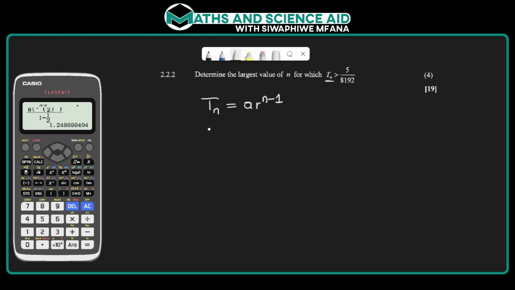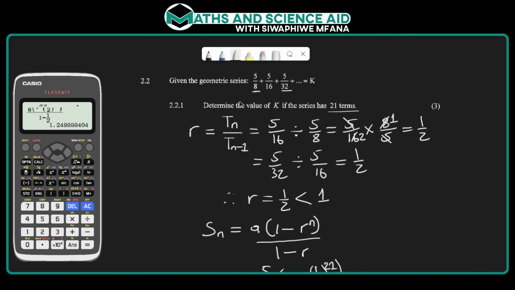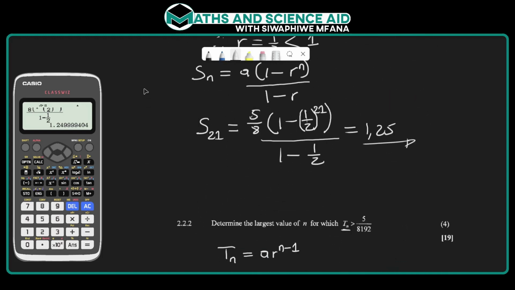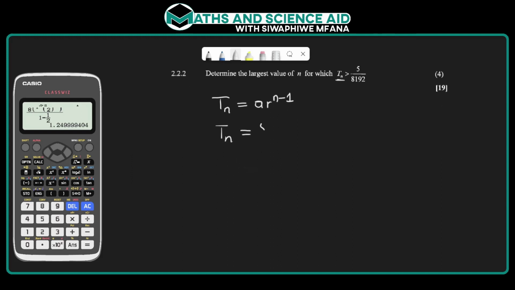Okay, and for our particular geometric sequence, we know that our first term a is 5 over 8. There it is, 5 over 8. And so we write 5 over 8 here. And our ratio is a half. So we have 1 over 2 to the power of n minus 1.